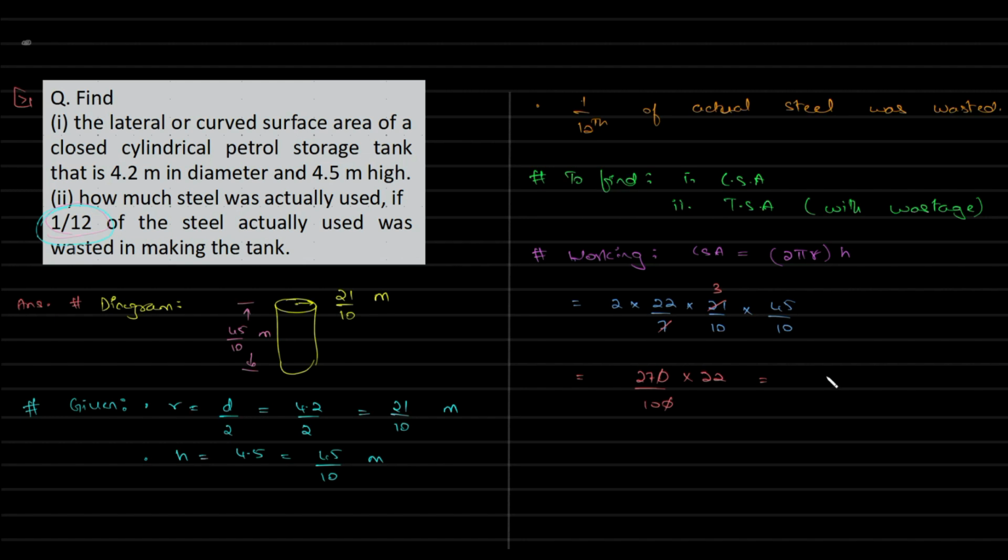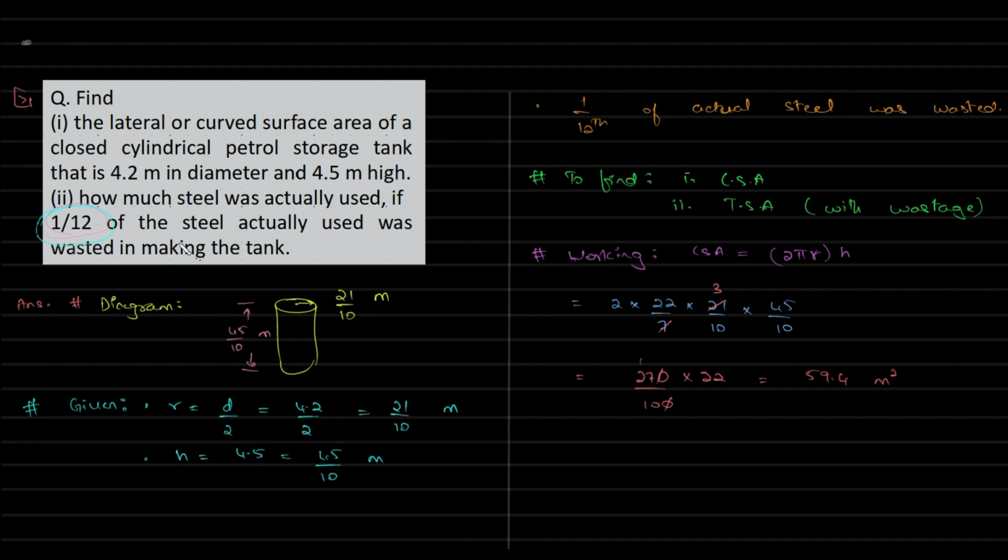So we have 4, 1 carry, 5, 594, divided by 10 is 59.4. The unit is meter square. Okay, 59.4 meter square.